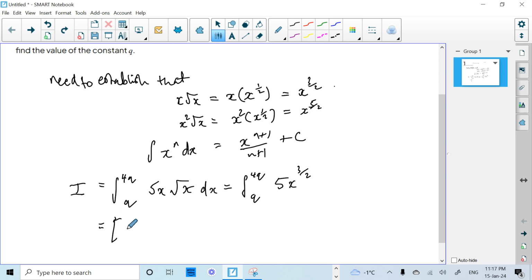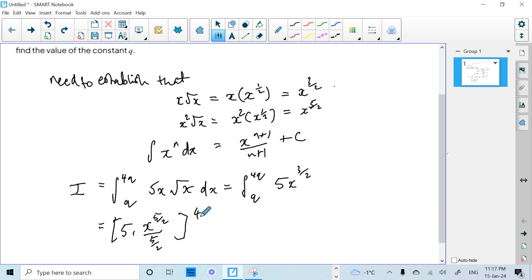And now we can integrate with our limits. So I've got 5 multiplied by x to the power of 5 over 2, because it's n plus 1, and divided by n plus 1, which is 5 over 2. Remember, it's 3 over 2 plus 1, so 3 over 2 plus 1 is 5 over 2.